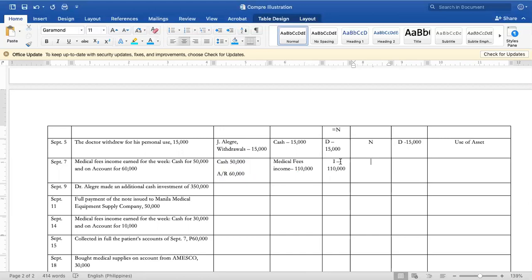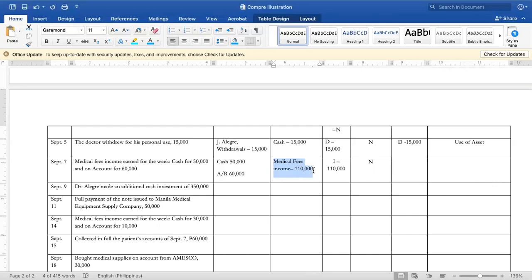How about liabilities? Okay, is there any liability account involved in the transaction? Okay, no, right? There is no liability account, therefore no effect. How about equity? Under equity, you have investment, withdrawal, income, and expenses. Is there an income account? Yes, we have credited an income account. Normal balance of income is credit.